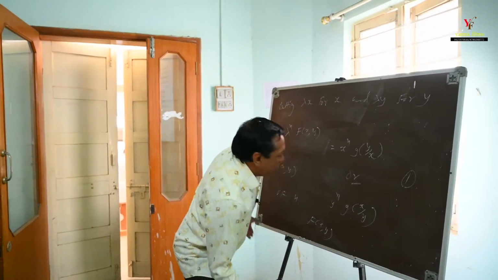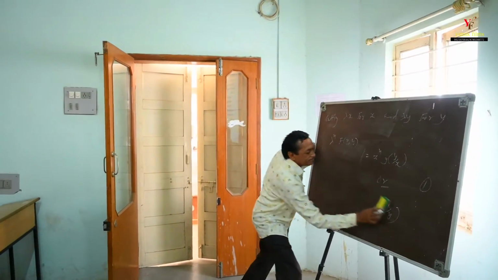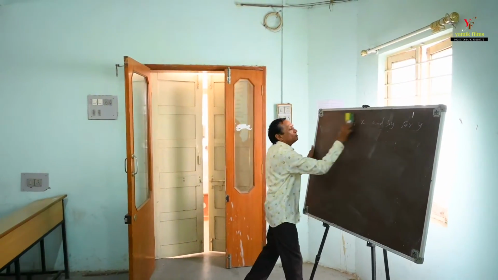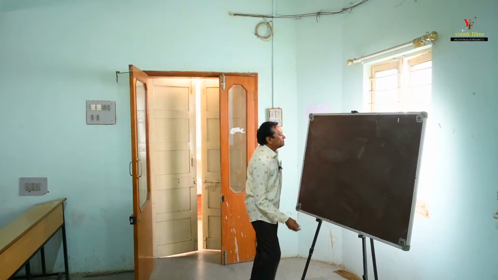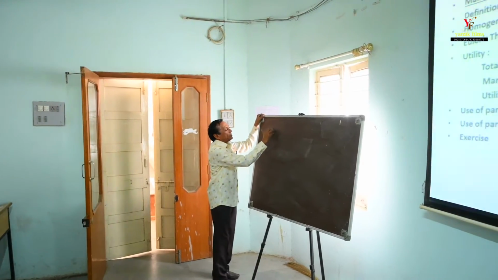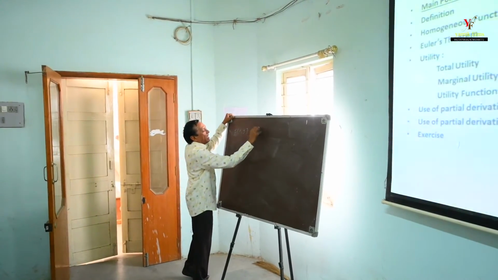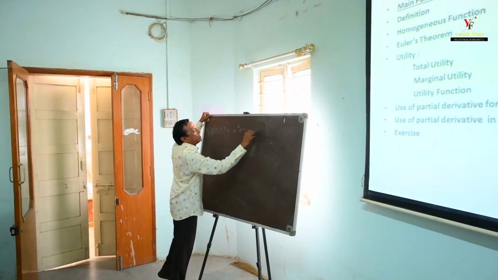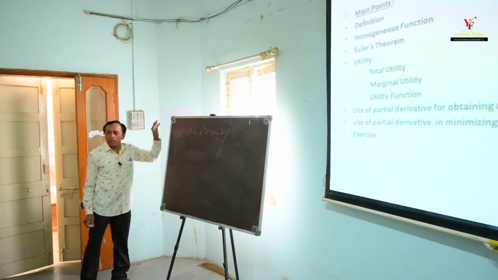Suppose we take one example. F of xy is given as x square plus 3xy plus y square.